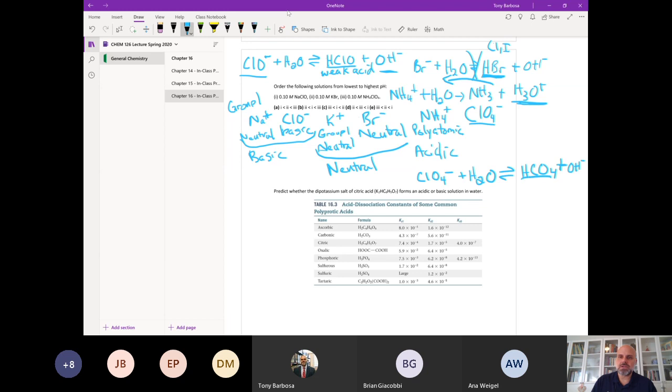All right, so you generate a strong acid, so this equilibrium doesn't exist because strong acids completely dissociate. So therefore, you're going to end up with a neutral. And when you combine an acidic with a neutral, you end up with an acidic solution.